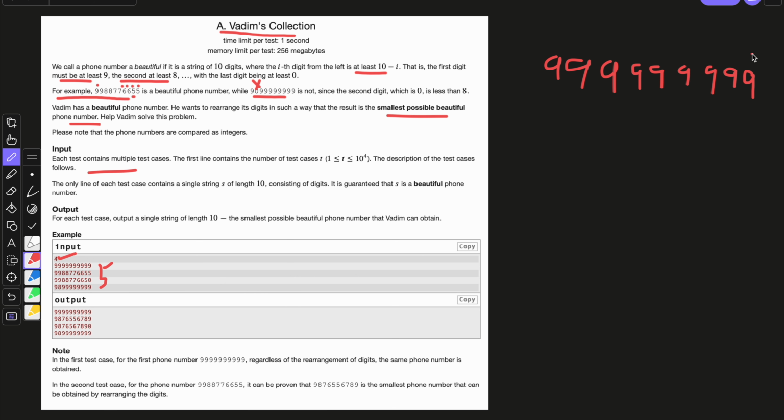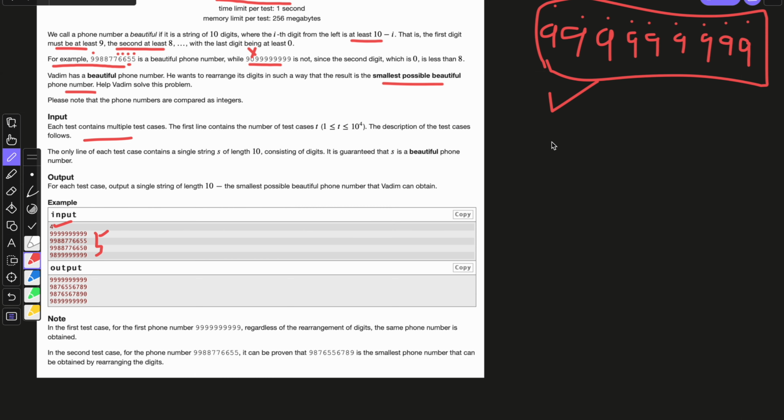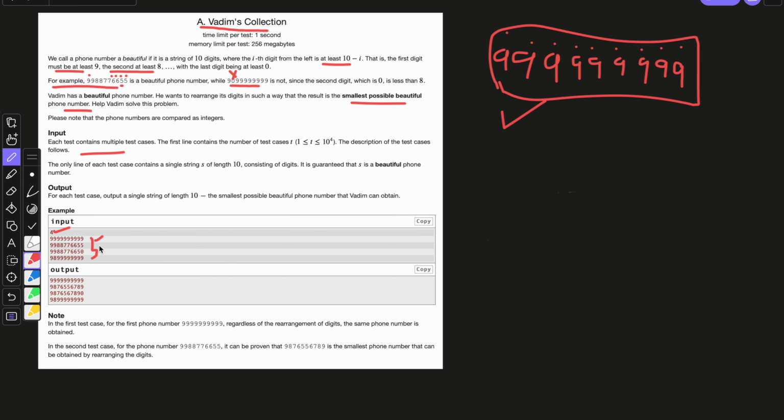At the first position the number must be at least 1, here 2, 3, 4, 5, 6, 7, 8, 9. So the smallest possible number we can form is this only. Let's go to test case 2.